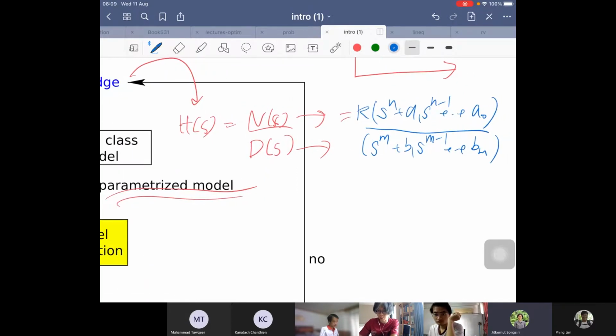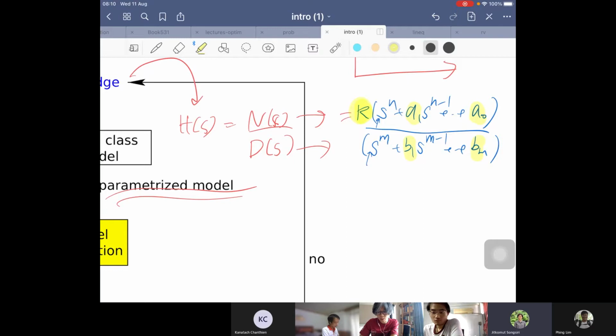You describe it in terms of parameters. Here, the parameters would be the coefficients in the numerator and denominator polynomials. You put the coefficient of the highest degree as 1, and you allow a constant k here.